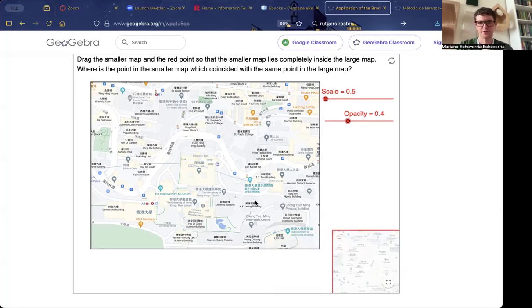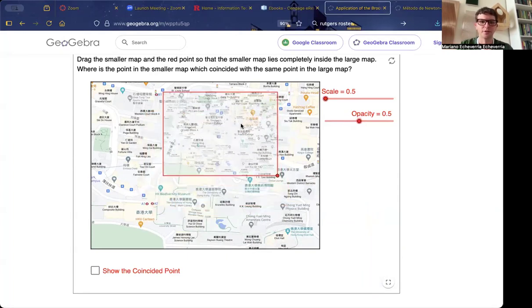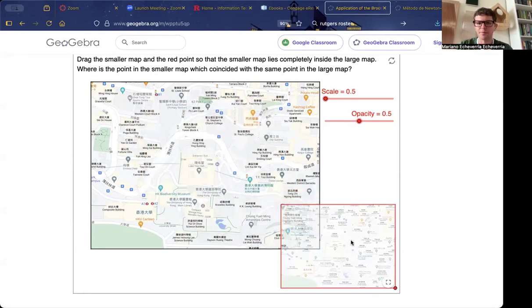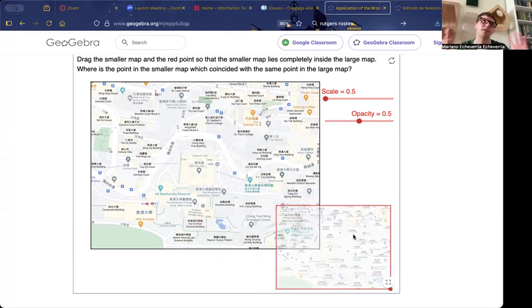So you have a city and you create a map of the city, right? So for example, here's a map of the city, I can increase the opacity to make it better. So you can have a map of the city and you can place it anywhere, right? But if you think about it, at least at first glance, what does a map do?